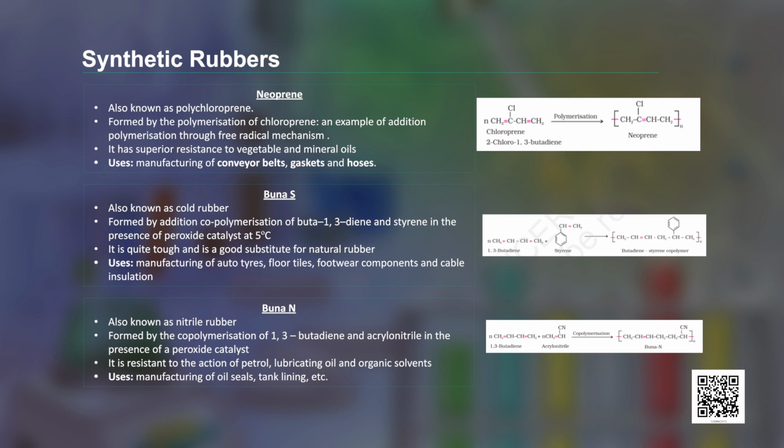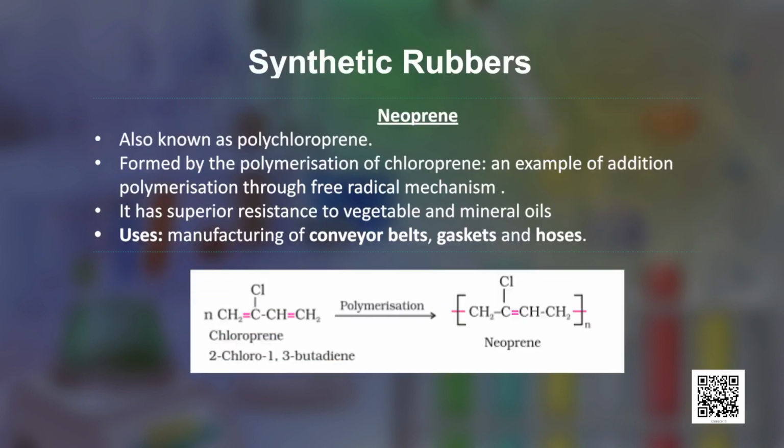There are 3 synthetic rubbers that are used most commonly and about which we would be discussing in detail, and these are namely neoprene, Buna S and Buna N. Let us first learn about neoprene, which is also known as polychloroprene. It is formed by the polymerization of chloroprene.